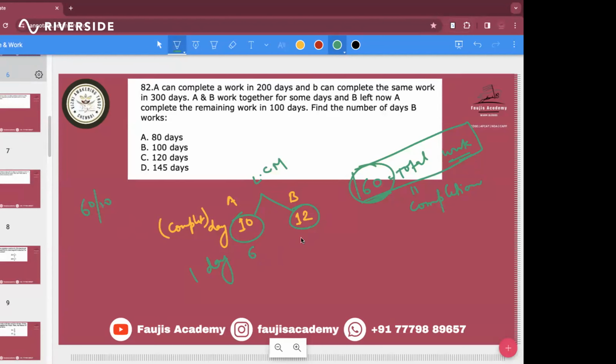And how much will B work? 60 by 12, how much is that, James? It's 5 units, absolutely, it's 5 units.